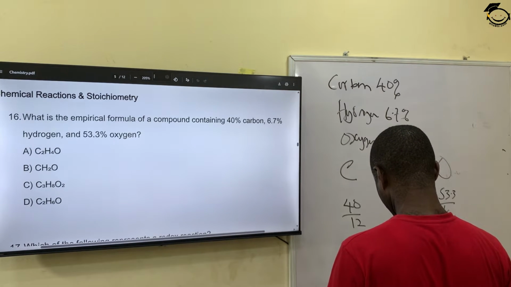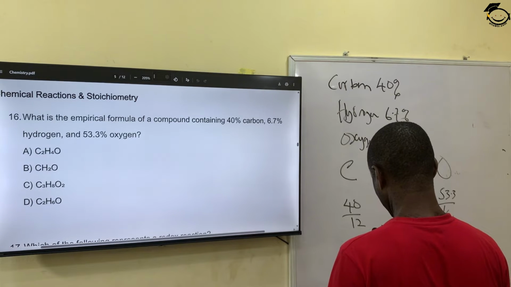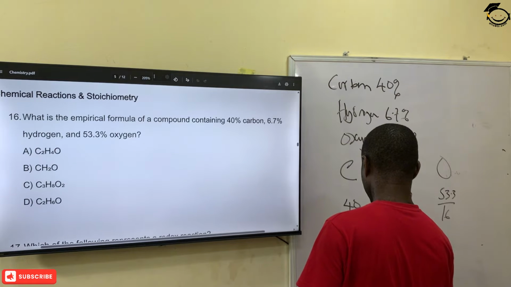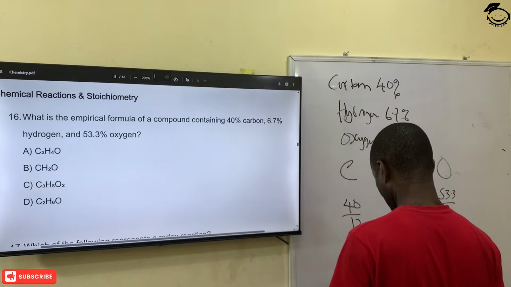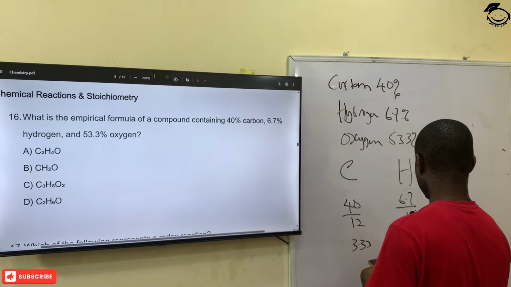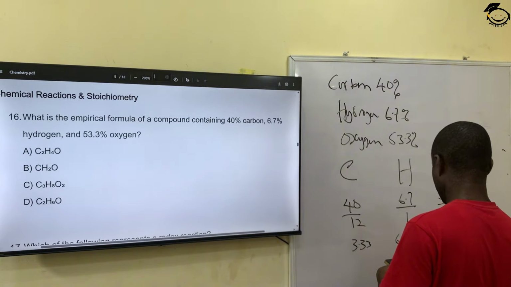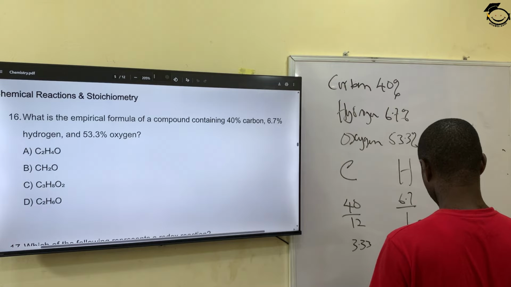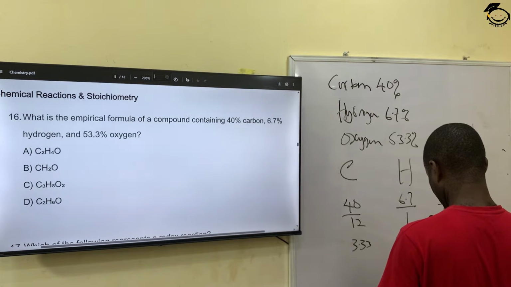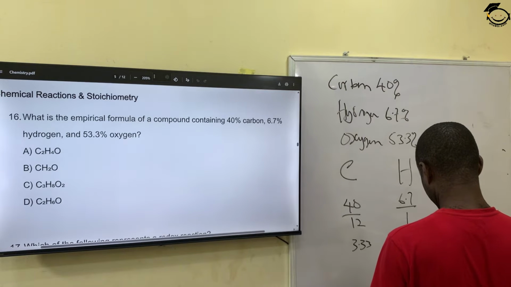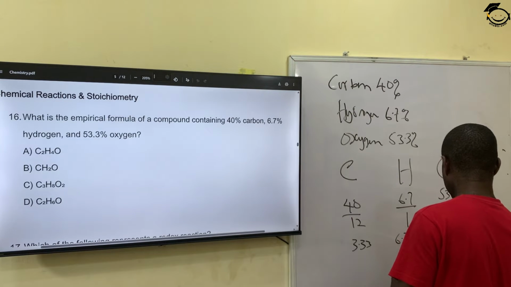40 divided by 12 gives us 3.33. 6.7 divided by 1 is 6.7. Then 53.3 divided by 16 gives us another 3.33.